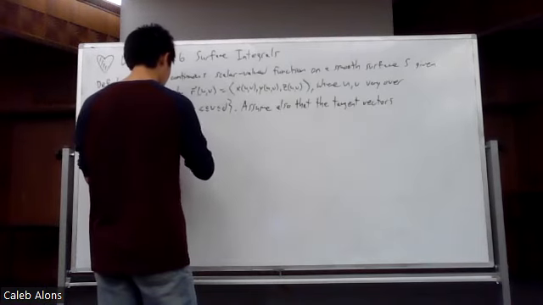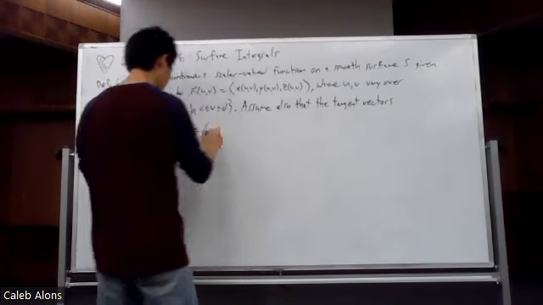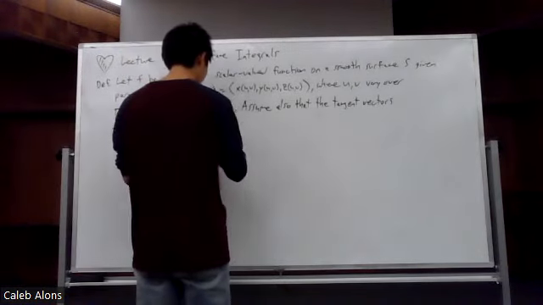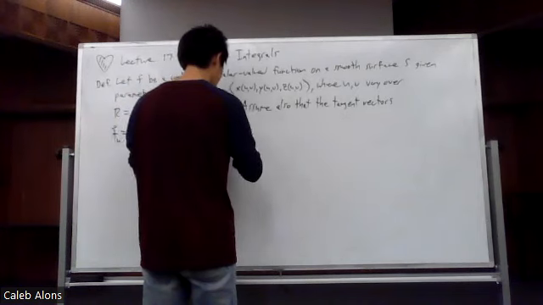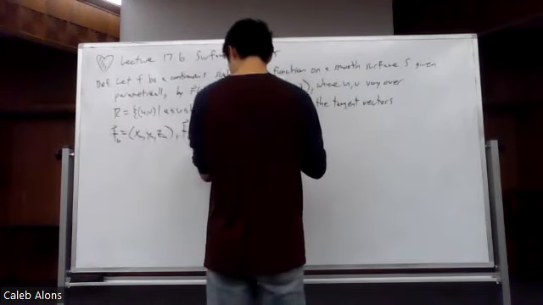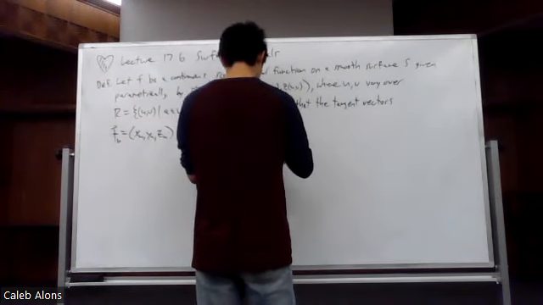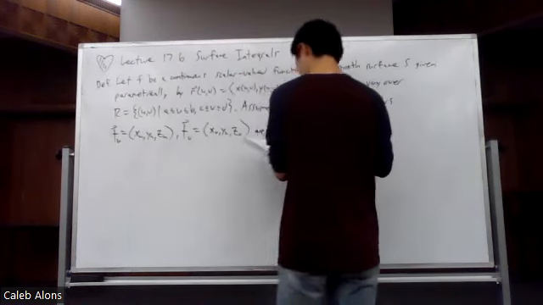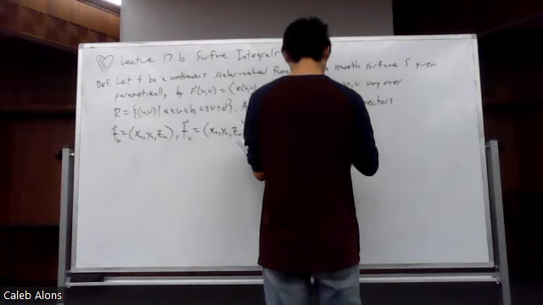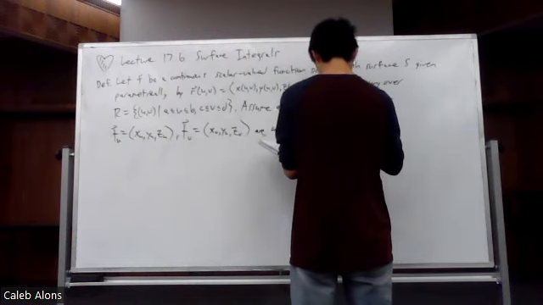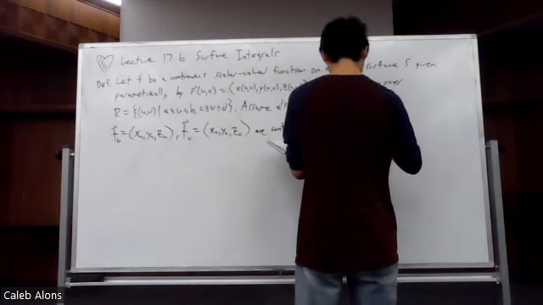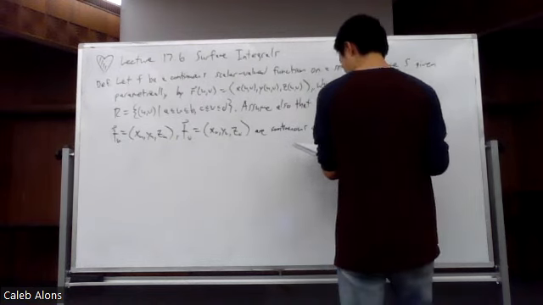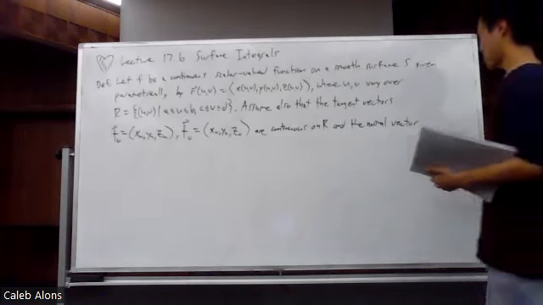What's Tv? x_v, y_v, z_v. And we want them to be continuous on R. And the normal vector is going to be the cross product by definition, right?